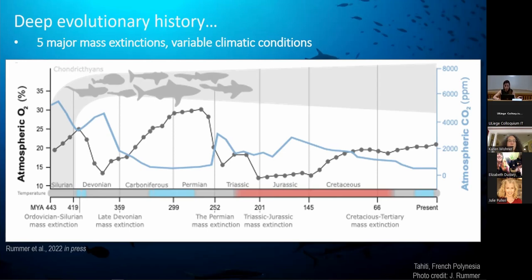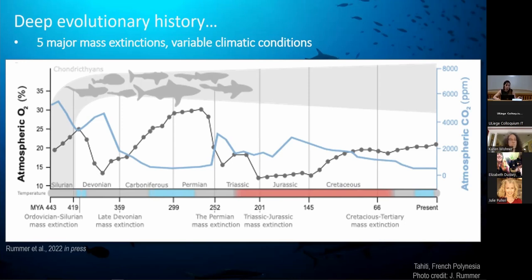So the evolutionary history of the sharks and their relatives has likely helped to shape a lot of these defining physiological processes and traits that are key to their biological fitness, like respiration and acid-base balance and development and reproduction.